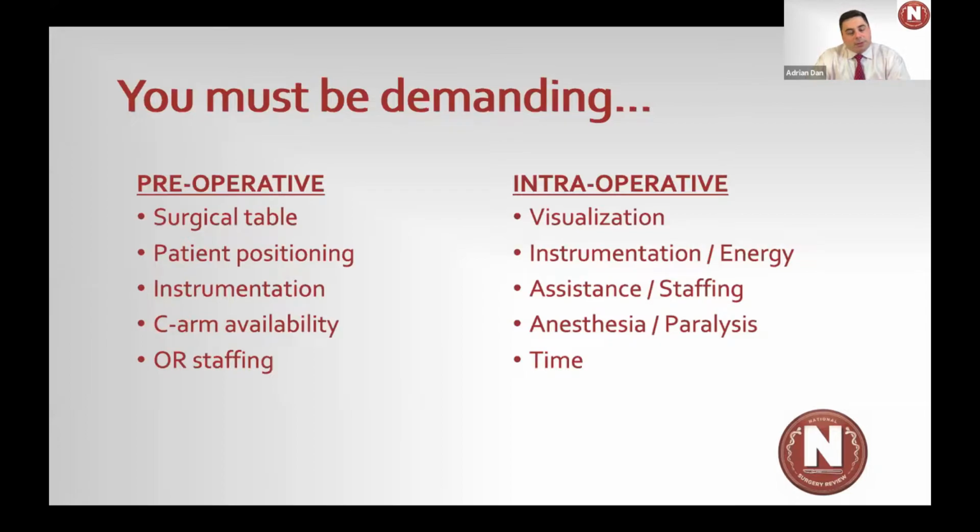Assistance and staffing: it's important that you have a good assistant, especially for the difficult cholecystectomies, someone who's been there before, someone who isn't learning as they're doing a very difficult case. And anesthesia is extremely important to partner with, to ensure the patient is appropriately paralyzed. The last thing you want to do is be poking 2-foot-long instruments in someone's abdomen when they're bucking and moving on you.